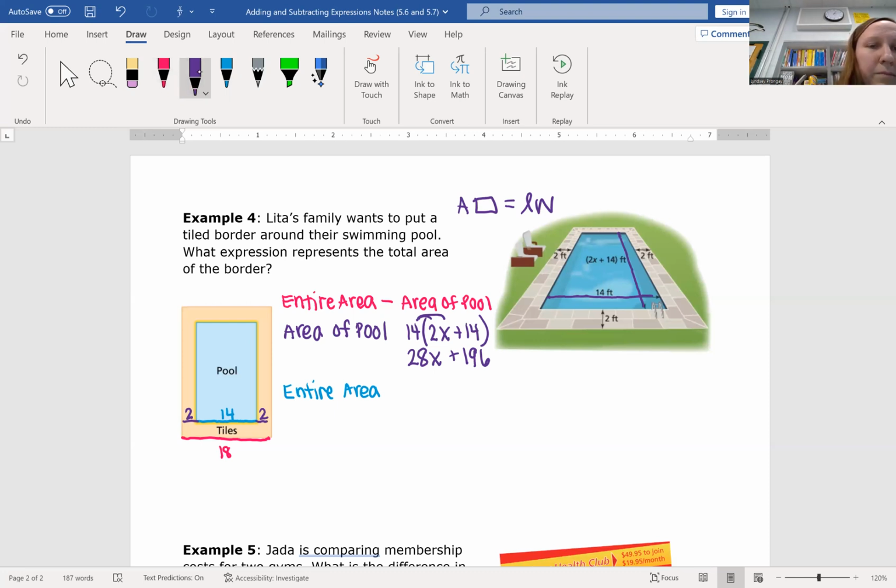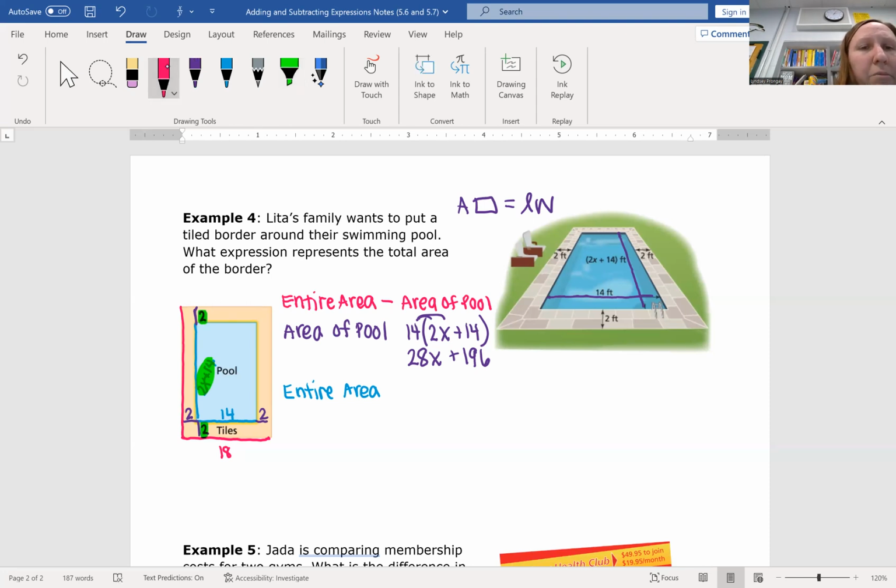For the other one, I know that this was 2x plus 14, but once again, this part is 2 and this part is 2. So to know the length of that entire pool area, I have to put together the 2 with the 2x plus 14 with the 2.